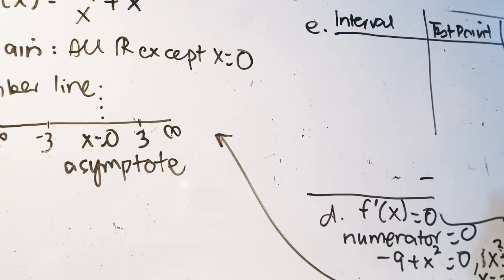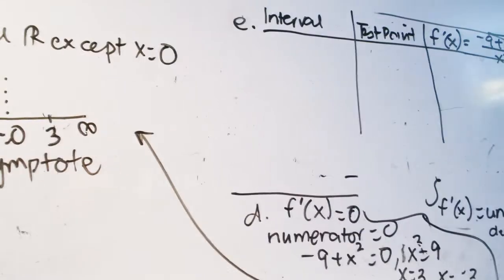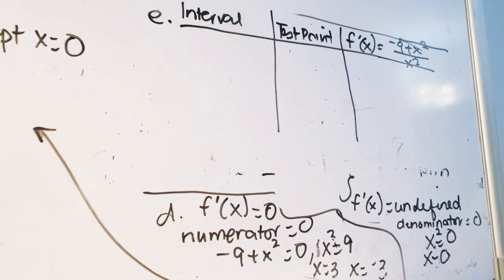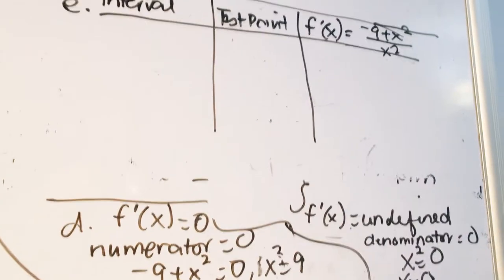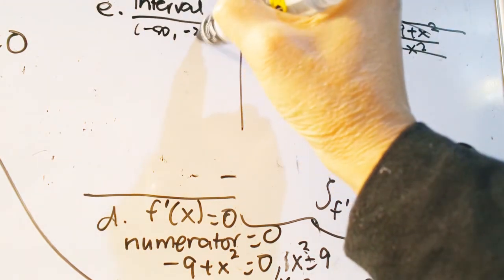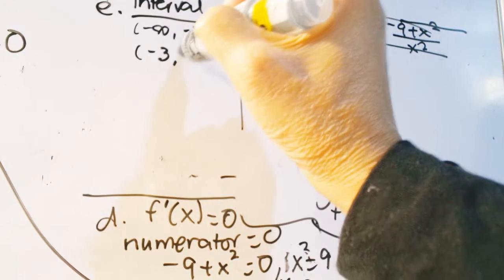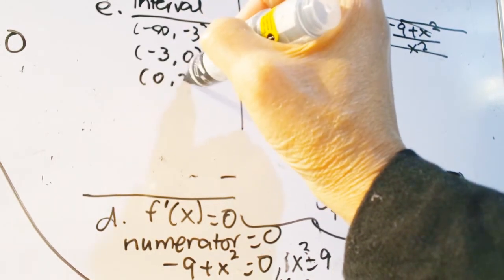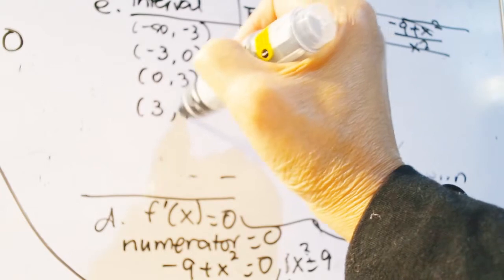And f prime was minus 9 plus x squared over x squared. So the intervals are minus infinity to minus 3, minus 3 to 0, 0 to 3, 3 to infinity.